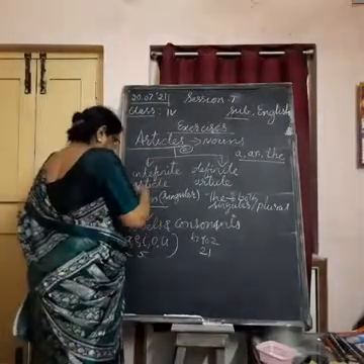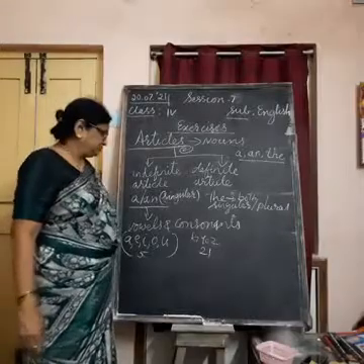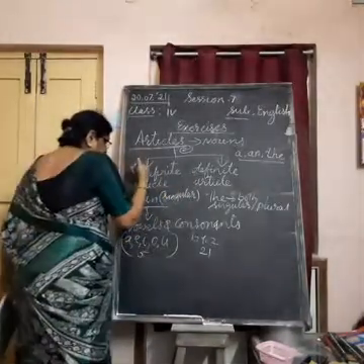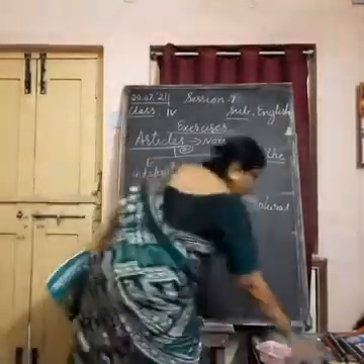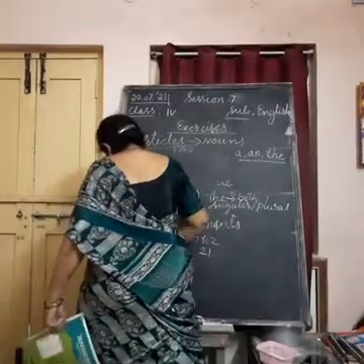So now next point is, here in English we use vowels and consonants. These indefinite articles are used with the singular form. Then how to use this a and an is our point.